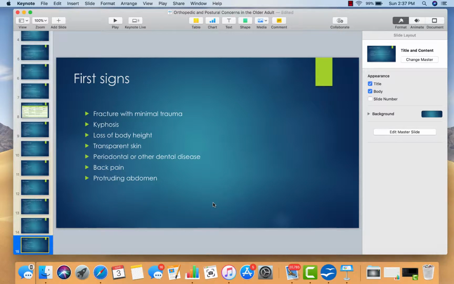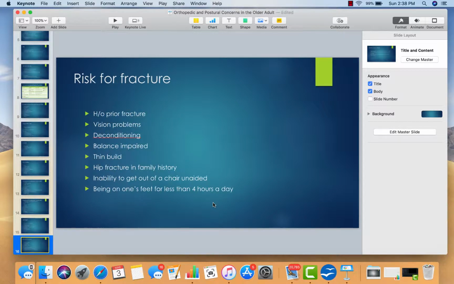So, first signs: fracture with minimal trauma, kyphosis, the loss of body height, transparent skin, I'm not really quite sure of that, periodontal or other dental disease. So, of course, there's bone there, and back pain and the protruding abdomen. Risk for fracture is if there is a history of a prior fracture.